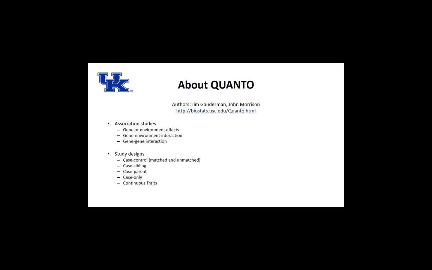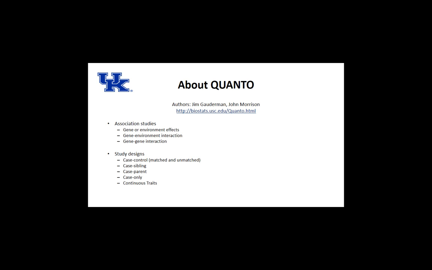Okay, so Quanto. Jim Gauderman and John Morrison, you can download this. Right now it only runs on PCs. I emailed with Jim recently, and they're developing a Unix and a Mac version currently. There are several different study designs. You can test for gene effects, environment effects, gene-environment interactions, and gene-gene interactions.